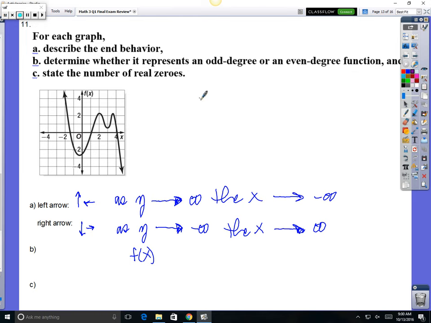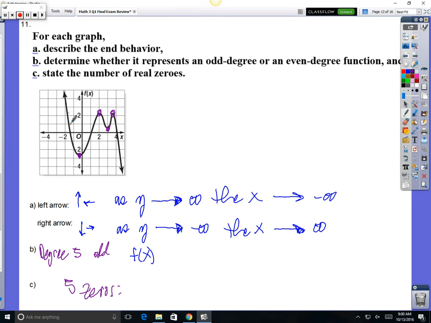Okay, here's what you need. This changes directions once, twice, 3, 4 times. So for B, it is degree 5, which would mean it's odd. And odd's always, the arrows go opposite. One goes up, one goes down. So this is degree 5. So that means there are going to be 5 zeros.